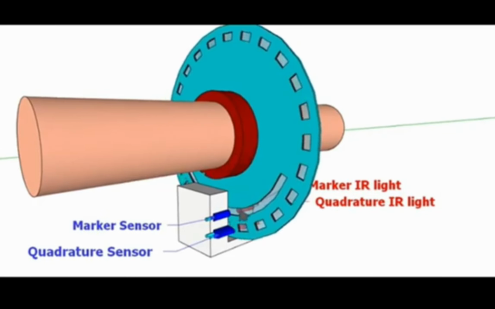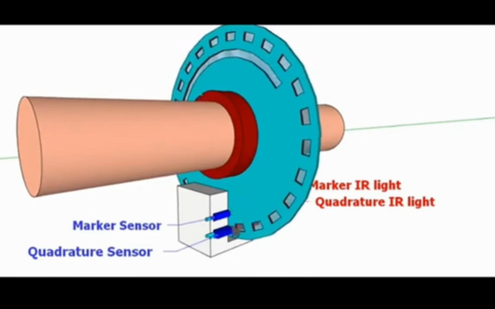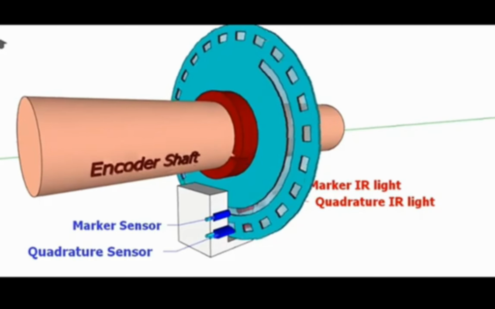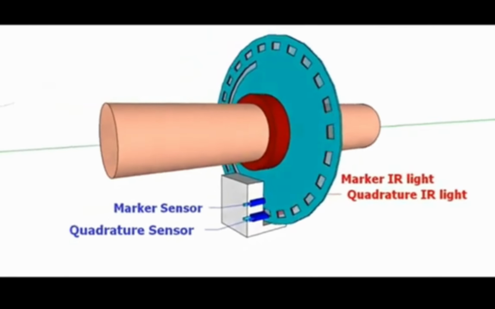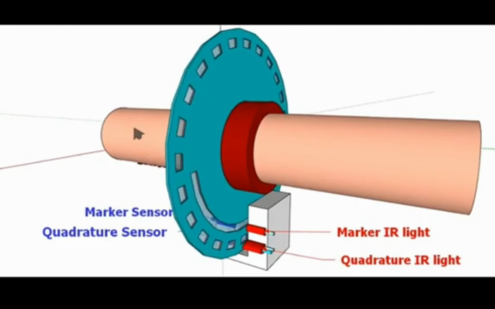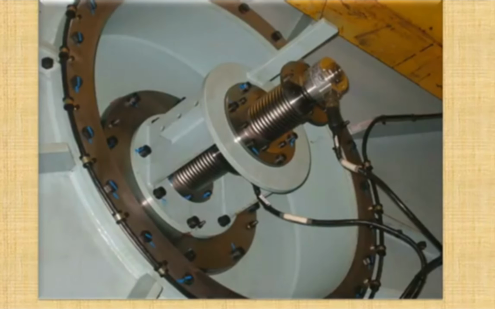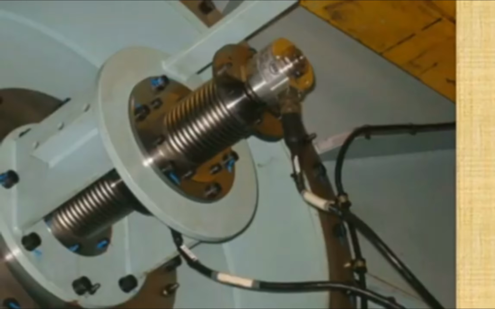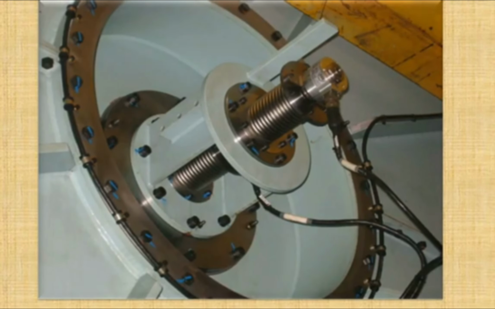The lights pass through them, and then the sensor receives the lights and gives the signal to the amplifiers. From that you can measure the RPM and crank angle also, and we will discuss in detail how we achieve the RPM plus crank angle with the sensor.